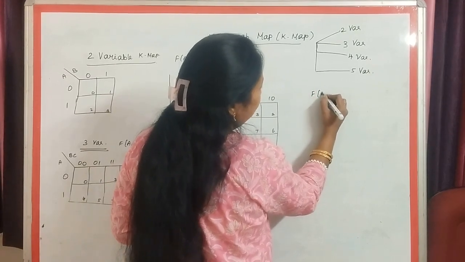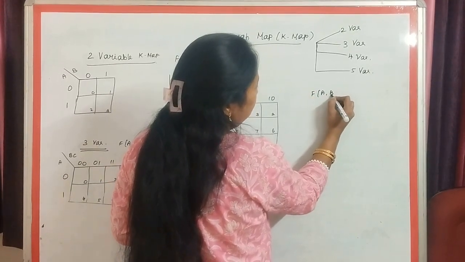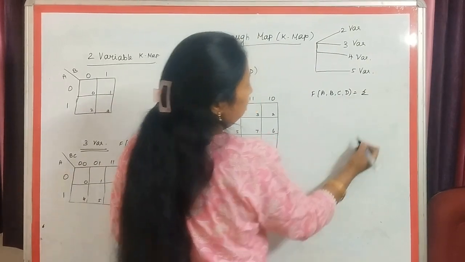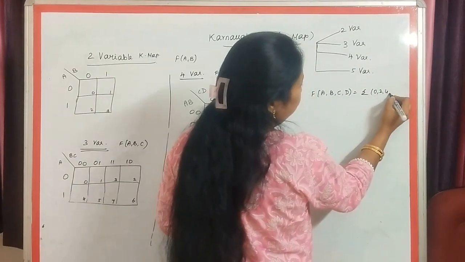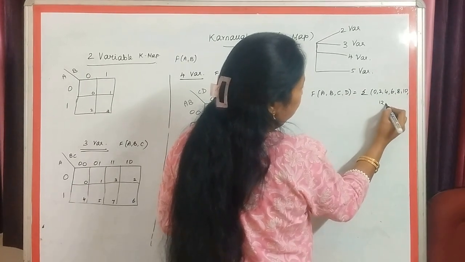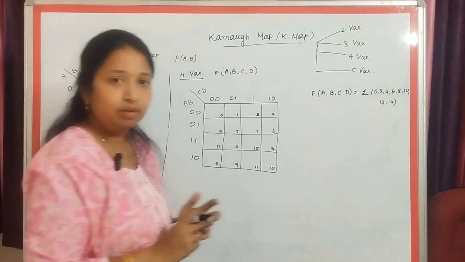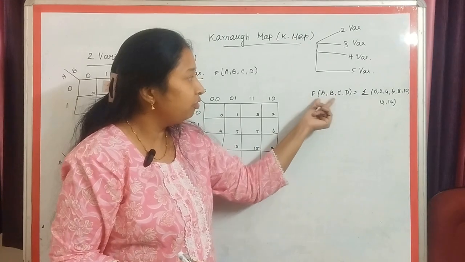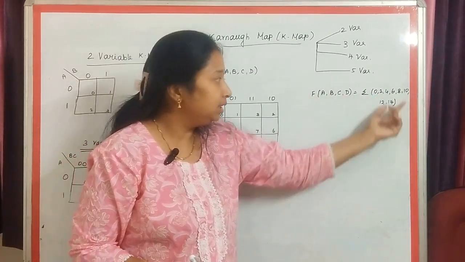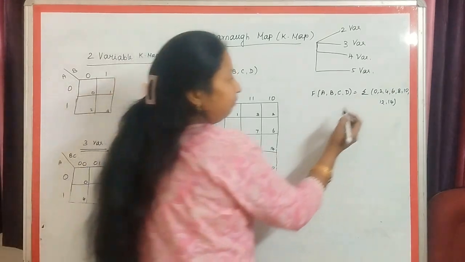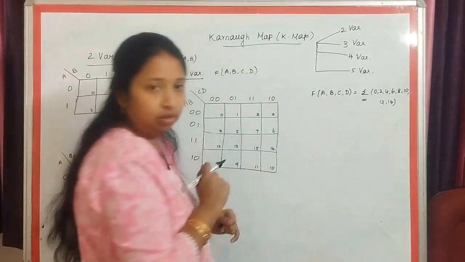Say for example, f of a, b, c, d. My numbers are 0, 2, 4, 6, 8, 10, 12 and 14. If a question is given to me like this, your first step is to check what symbol you have got here.